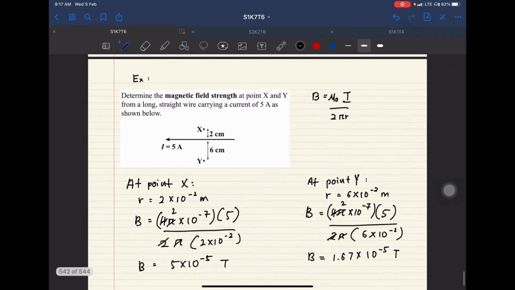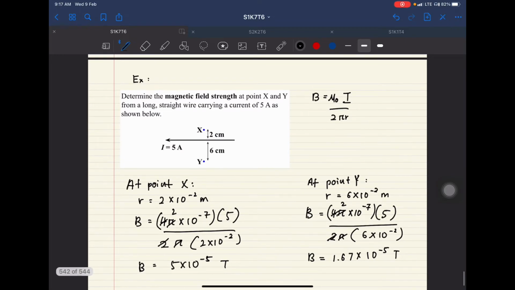How about the direction? Even though the question doesn't ask you to state it, maybe you can state it as well, because this is a vector quantity. So to determine the direction, I can put my thumb in the direction of current. My fingers will look something like this, right?